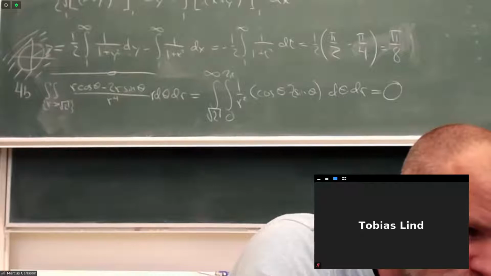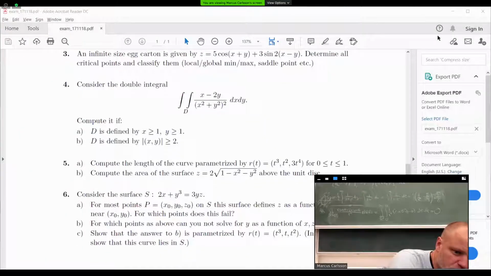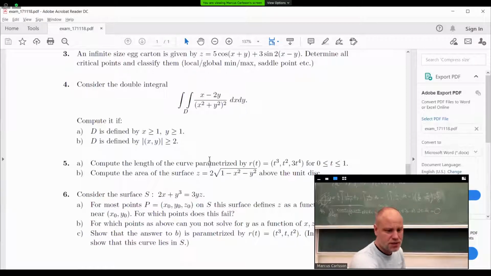No questions, then we move on with number 5. Compute the length of the curve parameterized by yada yada. So this goes back to the very first lecture, right?